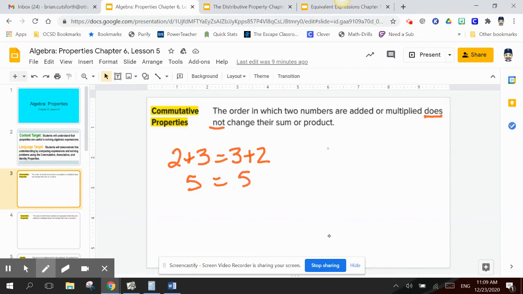If I multiply 2 times 3 and 3 times 2, we know that 2 times 3 is 6, and 3 times 2 is 6, and 6 and 6 are equal. So it doesn't matter the order, the change does not change the sum or the product.